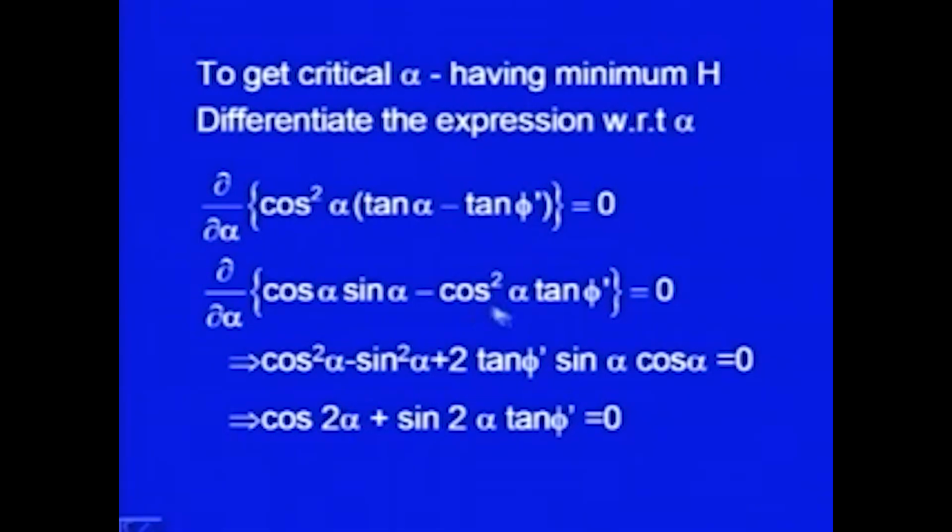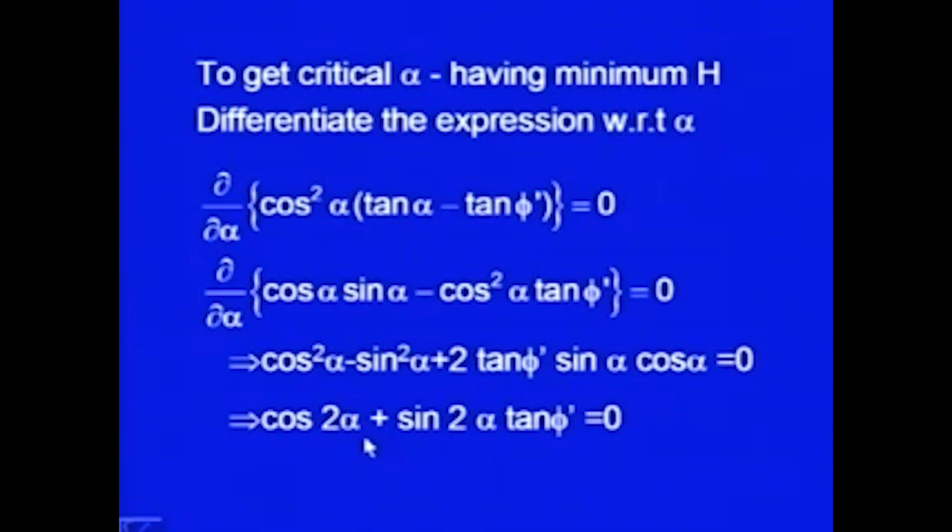and then phi dash is constant, so tan of phi dash here, and differentiation of cos square alpha will be equal to 2 cos alpha into minus sin alpha. Minus minus becomes plus. Finally, we have this expression: cos square alpha minus sin square alpha plus 2 tan phi dash sin alpha cos alpha equal to 0.